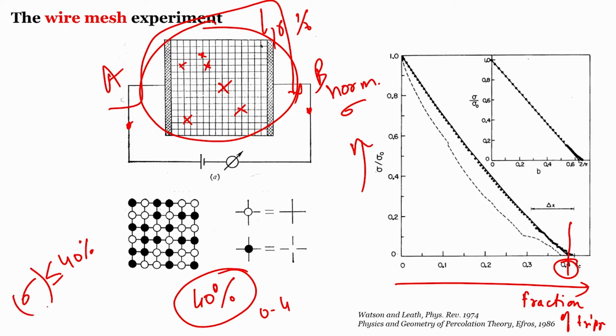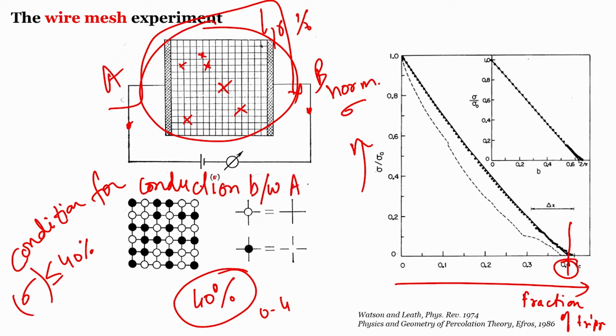So this is the condition for conduction between A to B. Now this particular condition is only specific to this particular example, so please don't mistake it and make it universal in nature.